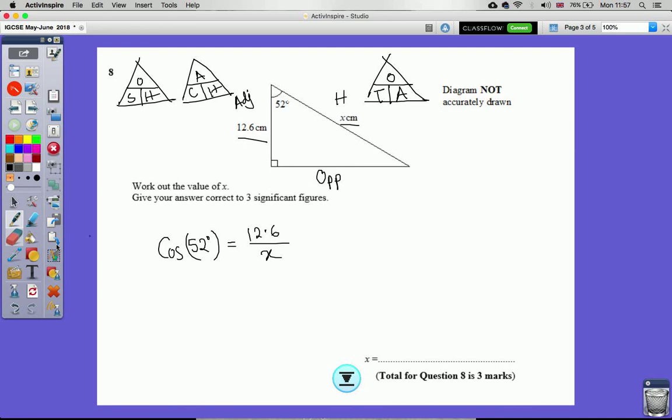So we're looking for the hypotenuse here. Cover it. So what do we do? We do adjacent divided by cos.